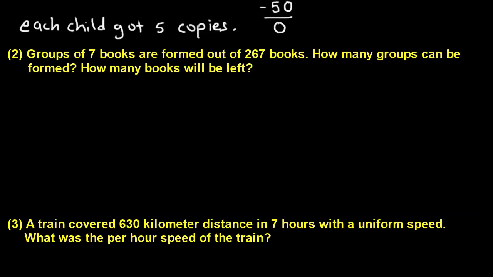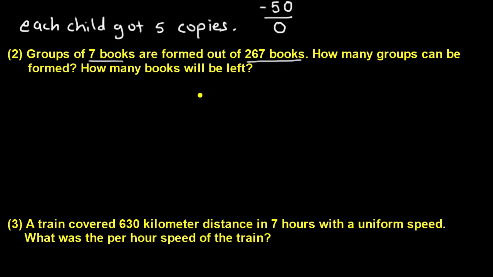Again, pause the video, read the question and try to solve it yourself. Okay, the question is: groups of 7 books are formed out of 267 books. How many groups can be formed and how many books will be left?